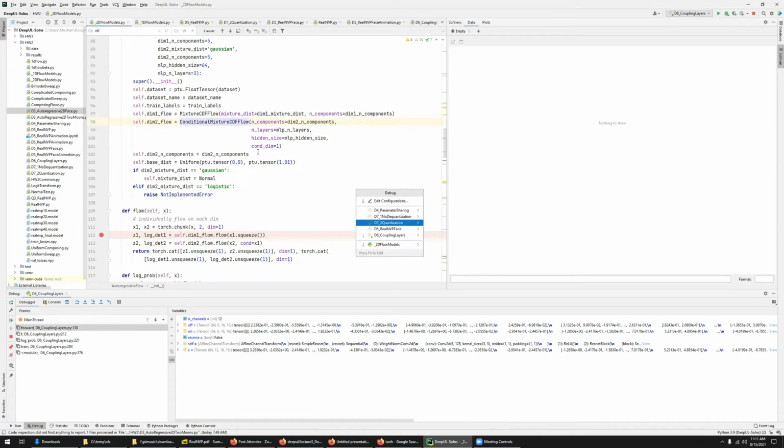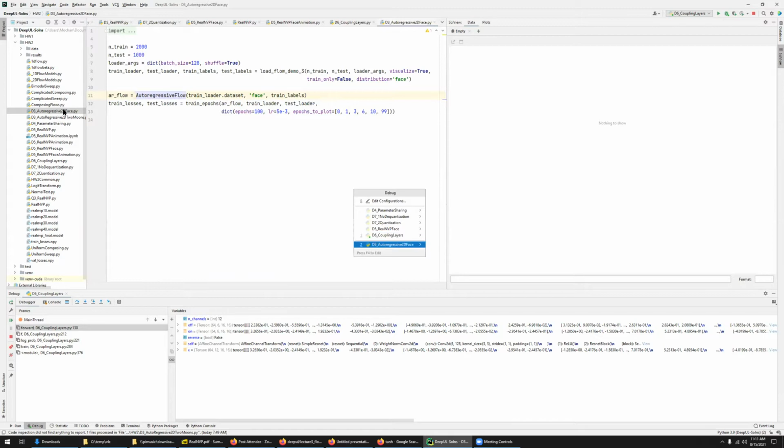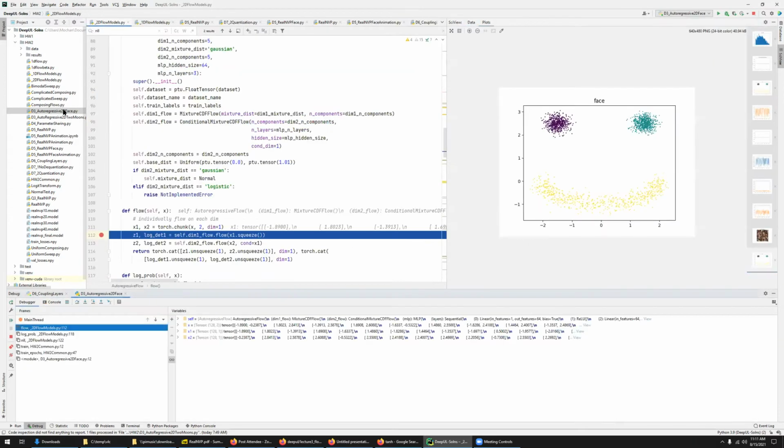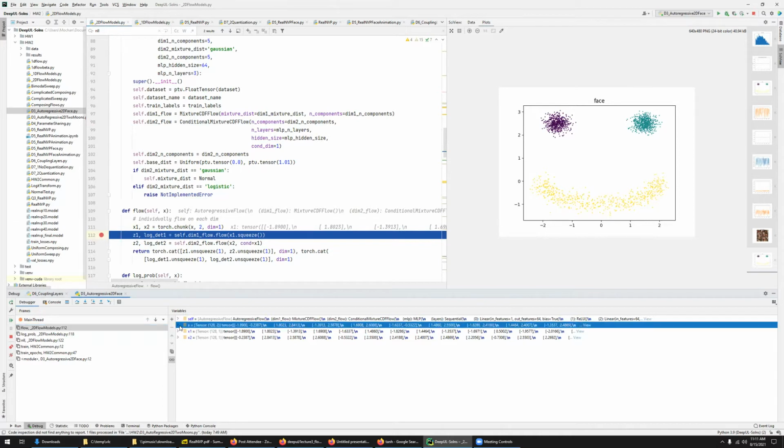D3. Let me run this one. So yep, the first dimension is the mixture flow, and here x is our input data, right? It's just two-dimensional data, x.